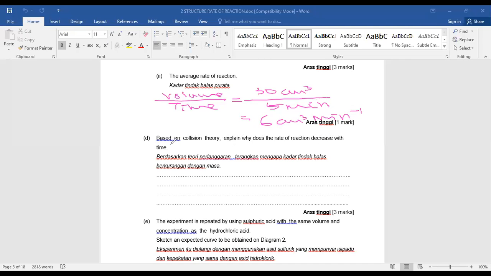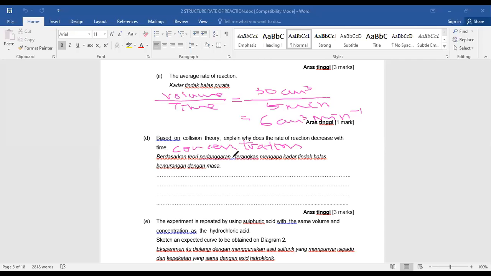Okay. Now, initially, when the reaction has just started, we will have a lot of these reactants. We are using the word concentration to describe. Now, when time moves on, some of these reactants have reacted. Now, what are those reactants which are taking part in the collision?